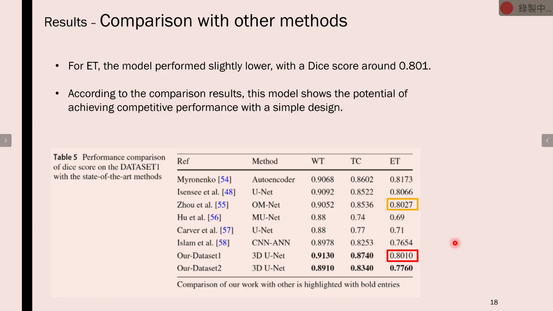But the result for ET is slightly lower than the third method. I think the possible reason is that this post-processing method is not suitable for the enhancing tumor region, but the performance was still comparable.